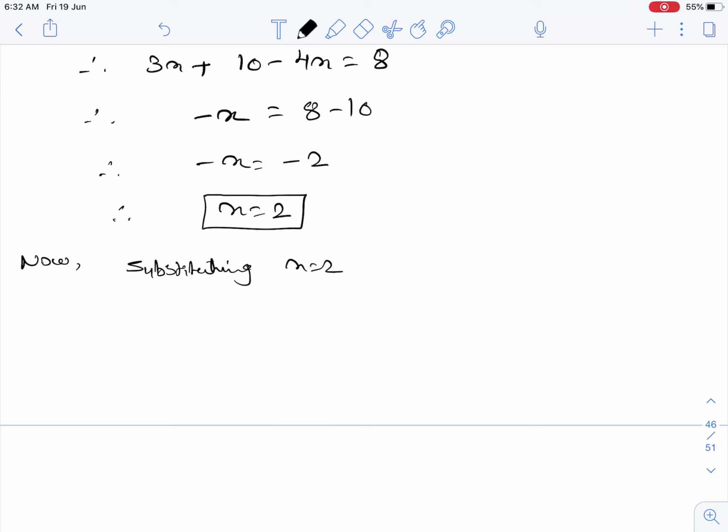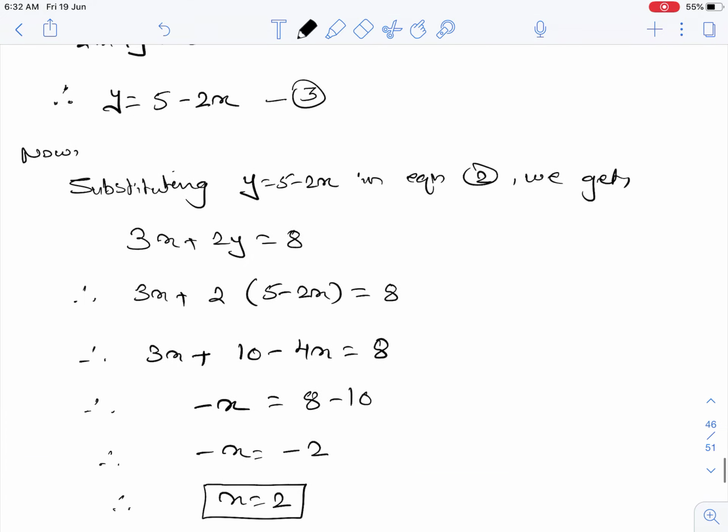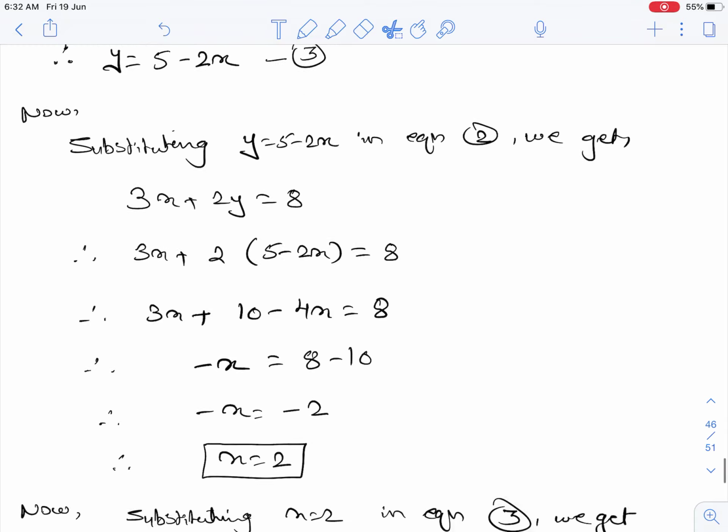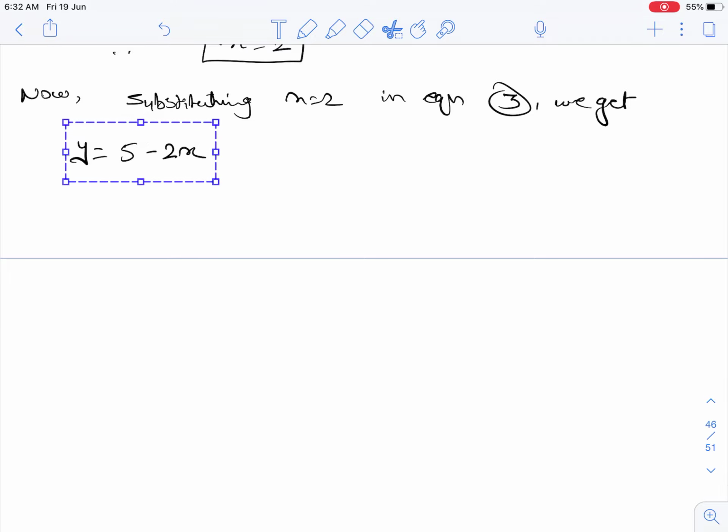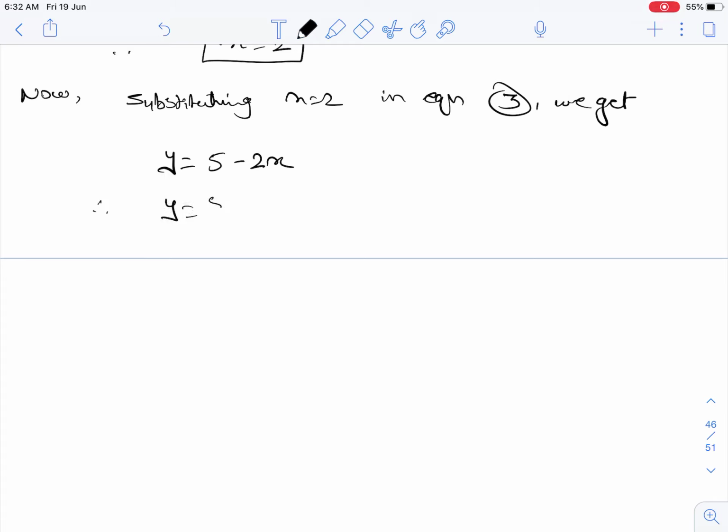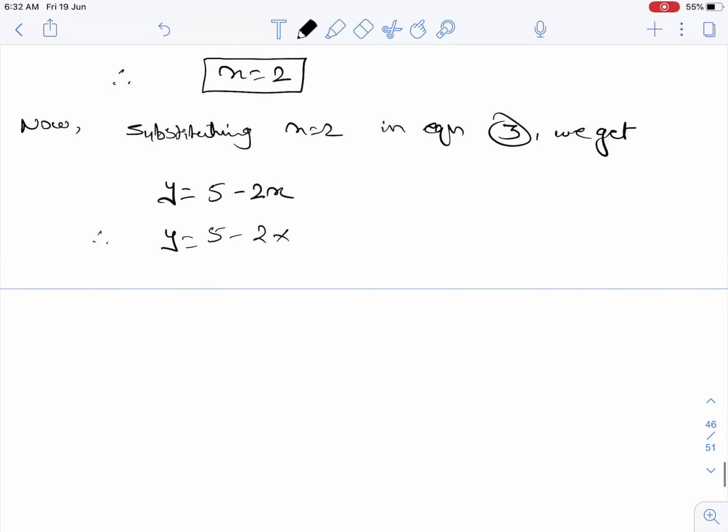Substituting x equals 2 in equation 3 we get, now what is our equation number 3, so that we have to write first. Therefore y equals 5 minus 2 into, now what is the value of x, so it is 2, so we will write here 2. You will get y equals 5 minus 4, therefore y equals 1.